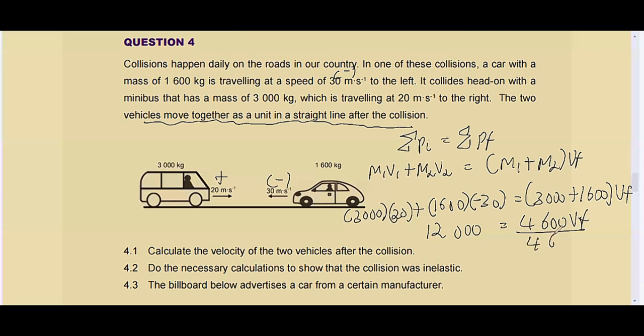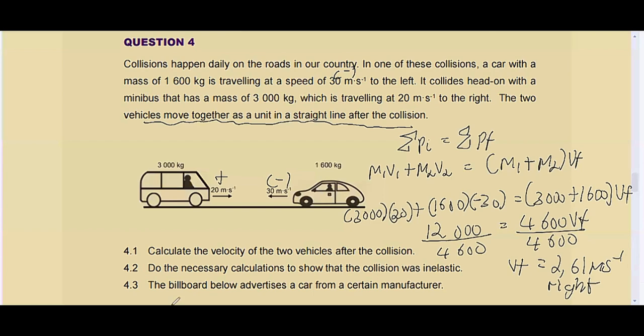Divide both sides by 4,600. Then our value is 2.61 meters per second, rounded off to 2 decimal places. And then where is it going? To the right. To the right.